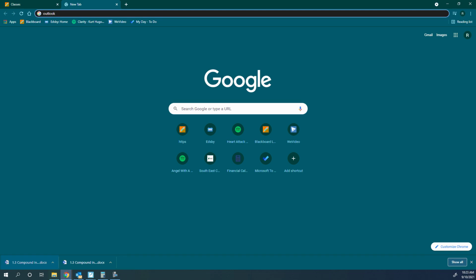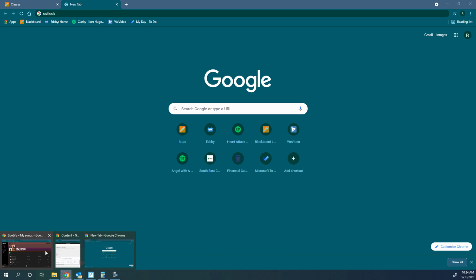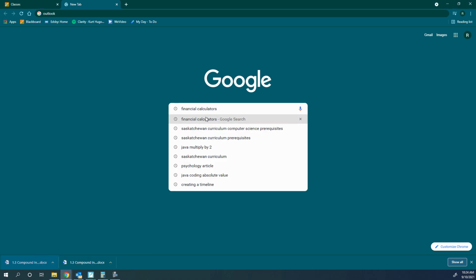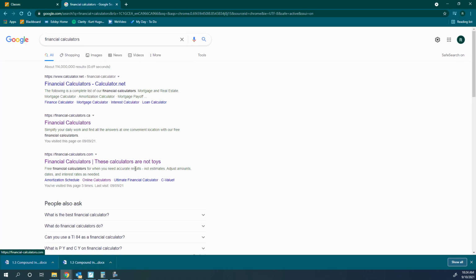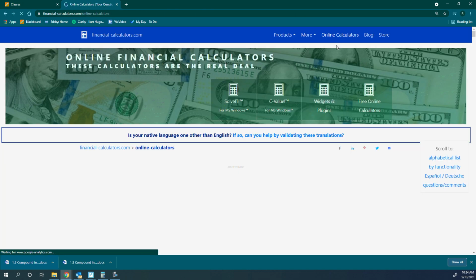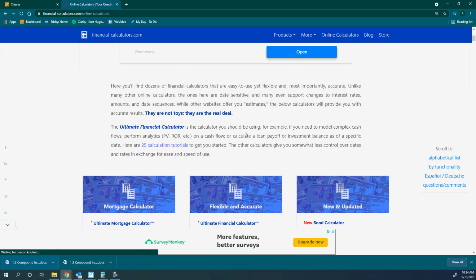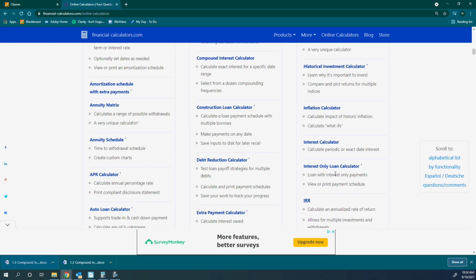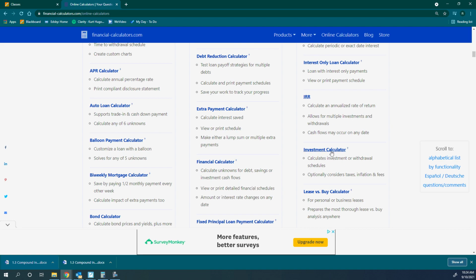Now to use the financial calculator, I'm going to go to my financial calculator. Don't do the Google route this time. Make sure you go to .com and not .ca. You need to find the investment calculator.